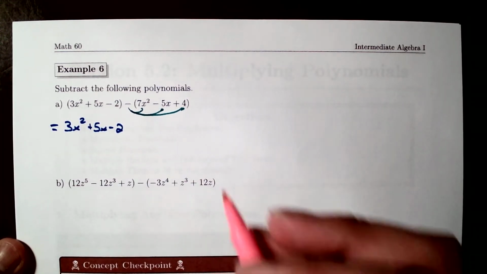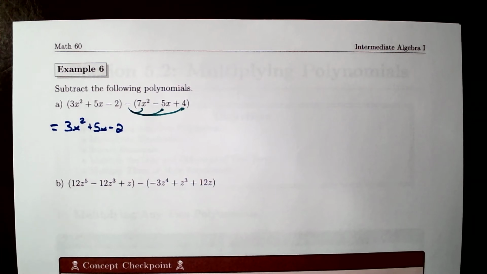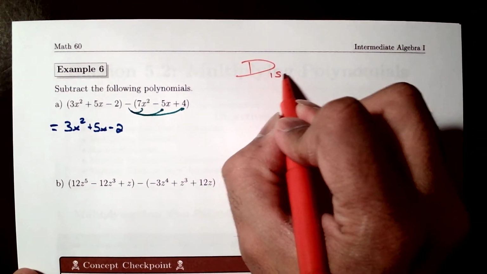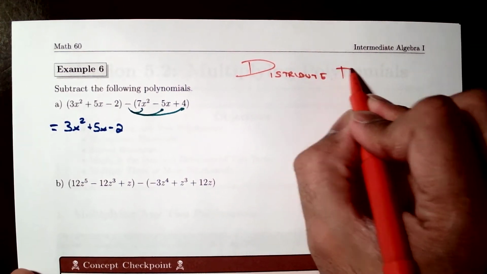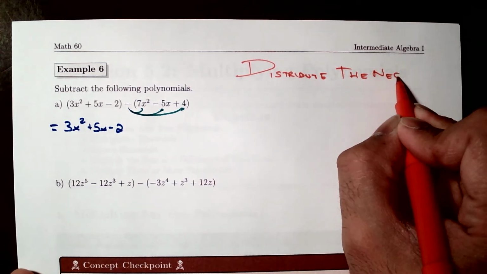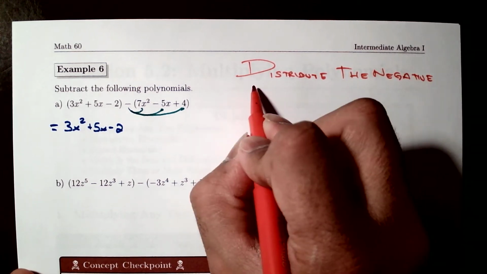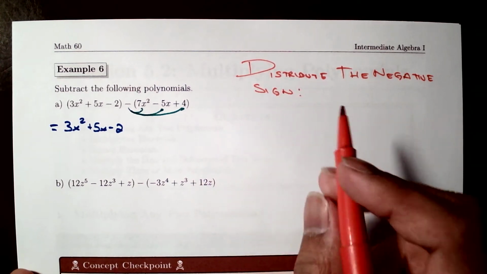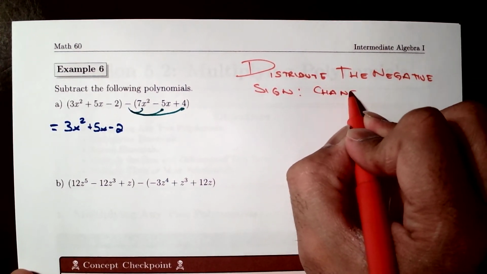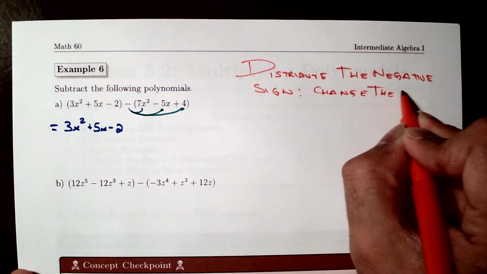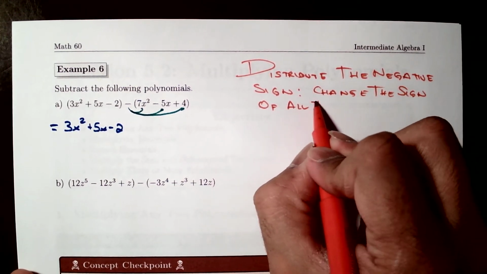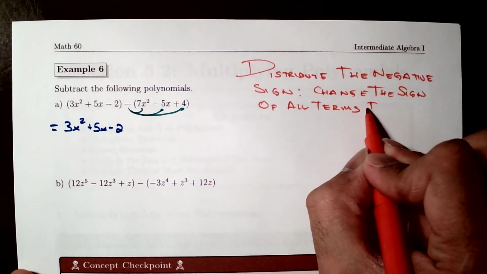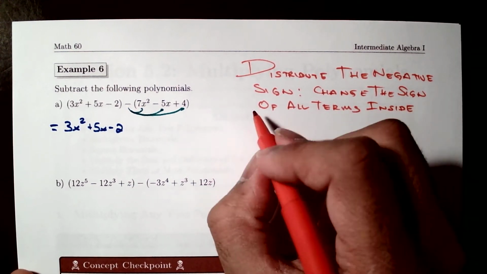to distribute the negative sign. That is, change the sign of all terms inside of the parentheses.